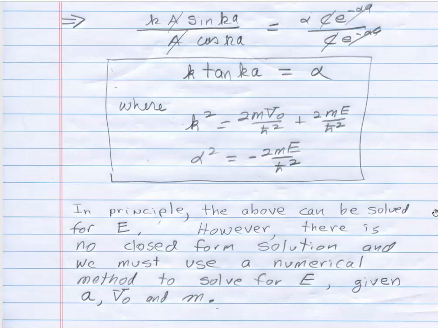To do a numerical solution, I have to know the mass of the particle in the potential well, the depth of the potential well, and the a from plus or minus a, which is basically the width of the potential well, 2a in this formulation.